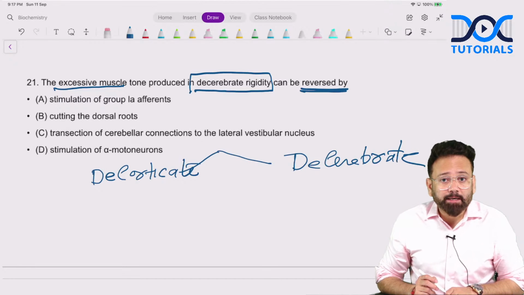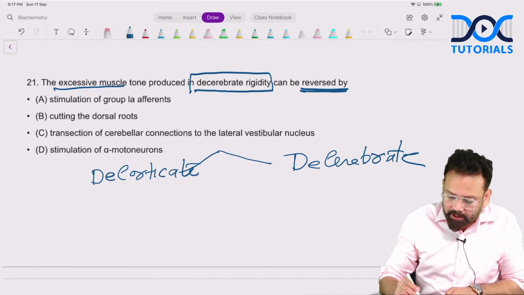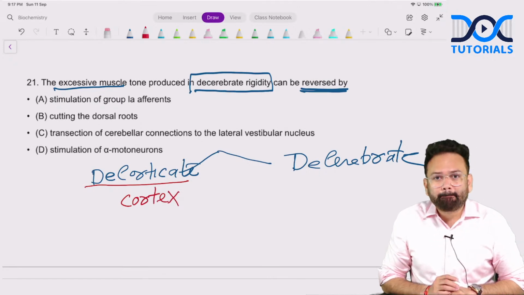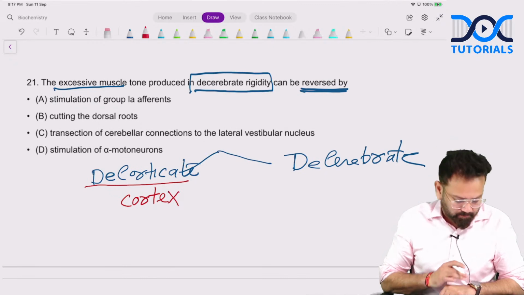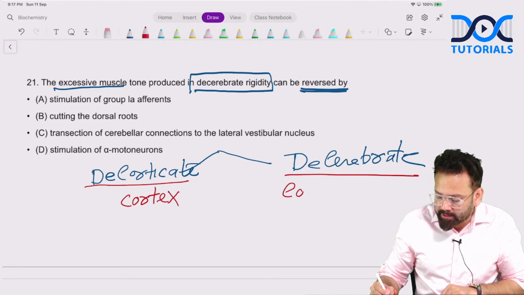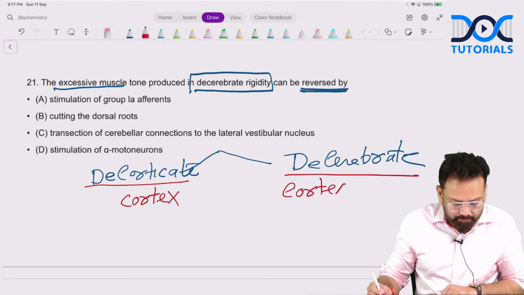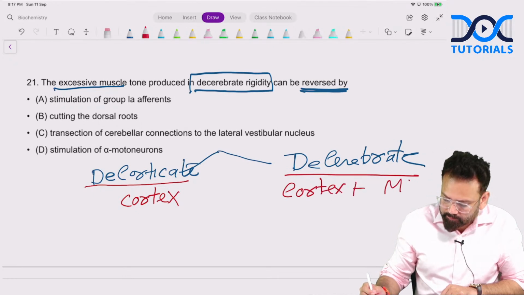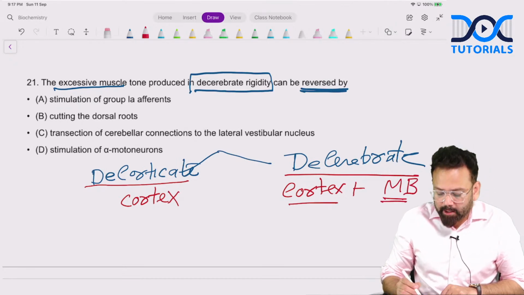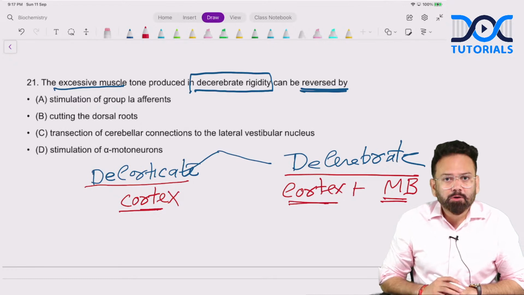In decorticate rigidity, the cortex is removed. I hope you are revising the notes. In decerebrate rigidity, you are removing the cortex and midbrain. In both you are removing the cortex, so there is rigidity.